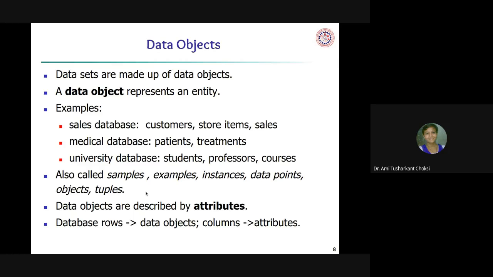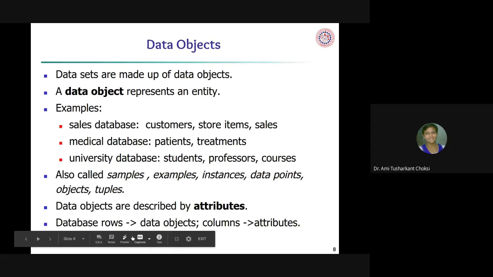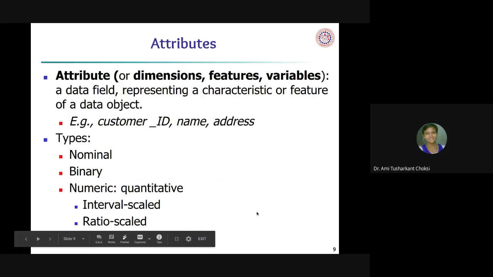Right? So data objects are described by attributes. Database rows contain data objects, and columns contain the attributes. Fine. So what are attributes?